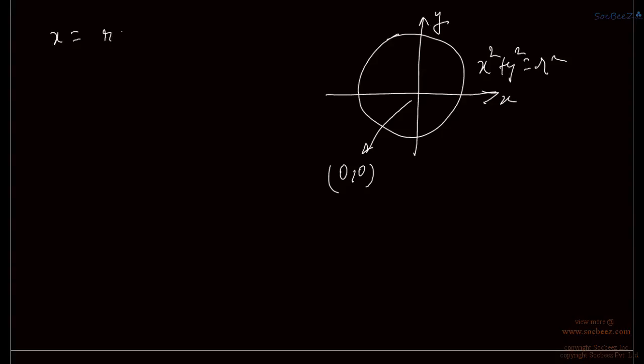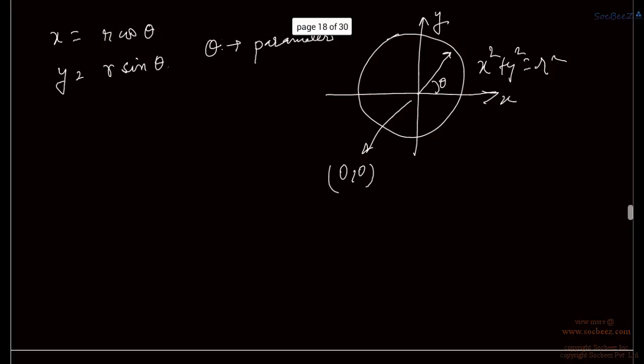We have x as r cos α and y as r sin α, where α is the parameter. Previously we have used theta, so let us use theta. So x is equal to r cos θ, where this is angle θ and this is a moving point (x, y), and y is equal to r sin θ, where θ is a parameter.